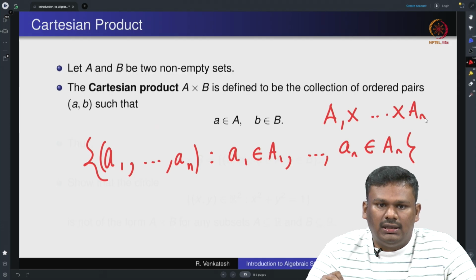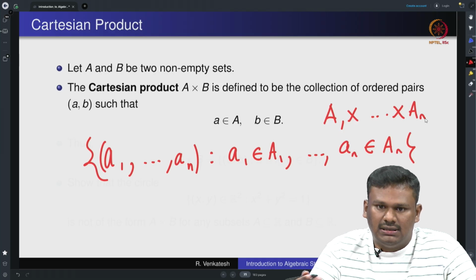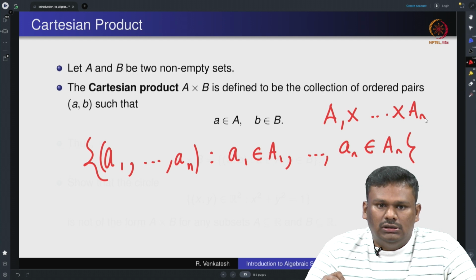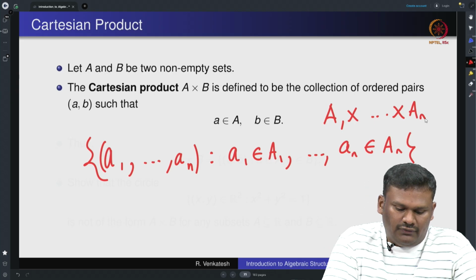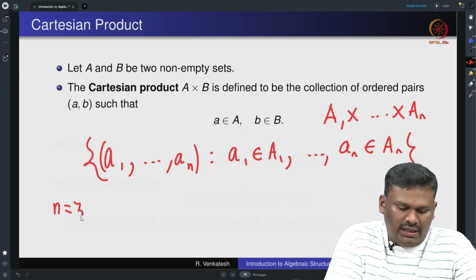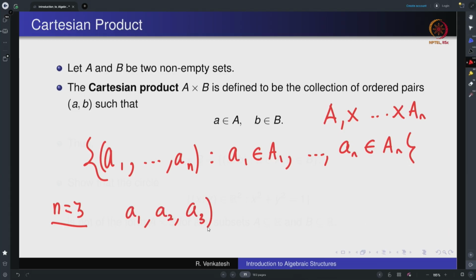But how can one define this n-tuple? The best way is to do it recursively or inductively. For example, if you are dealing with n equal to 3, then I am talking about (a1, a2, a3).